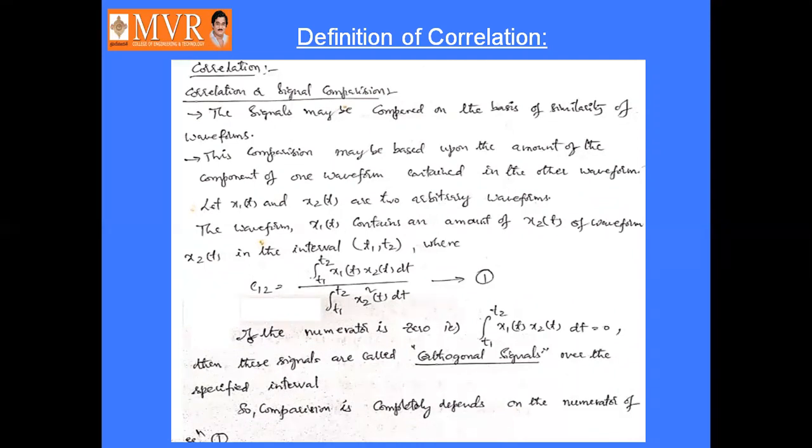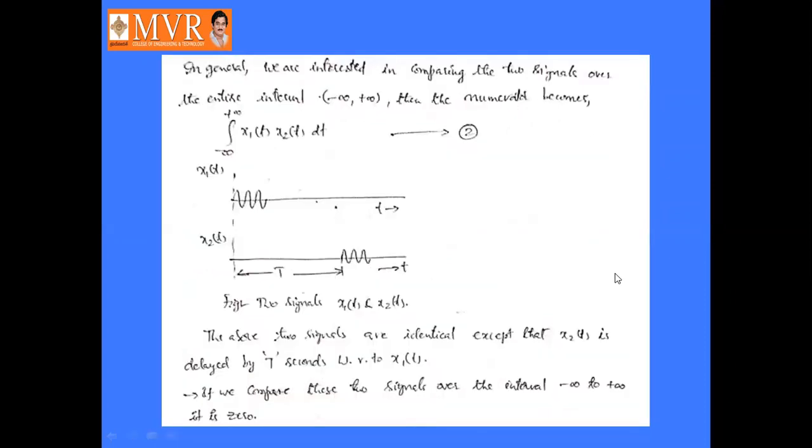If the integral from t1 to t2 of x1(t) x2(t) dt is equal to 0, that is c12 equal to 0, then we can say that these two signals are orthogonal signals, or mutually perpendicular to each other.